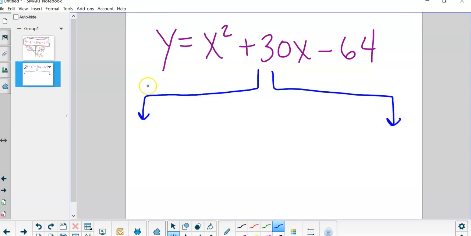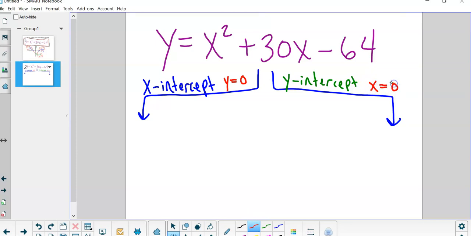Over here, we're going to be finding the x-intercept. And we know that anytime you want to find the x-intercept, the y value has to be equal to 0. And over here, to find the y-intercept, we know that the x value has to be equal to 0.